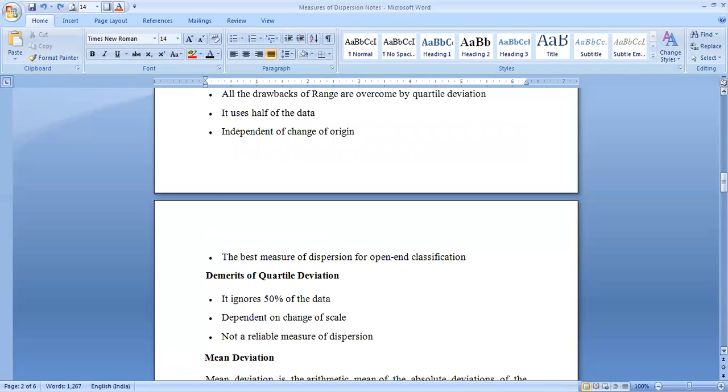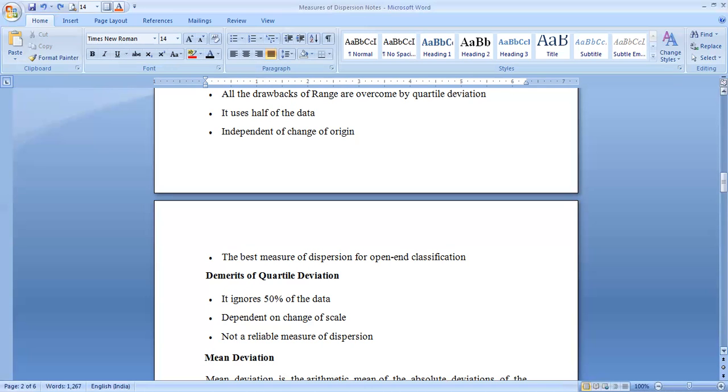Similar to the merits, quartile deviation also has some demerits. The first demerit is that it ignores 50% of the data. Because we are using only 50% of the data and the other 50% is ignored, it is not a reliable measure of dispersion.